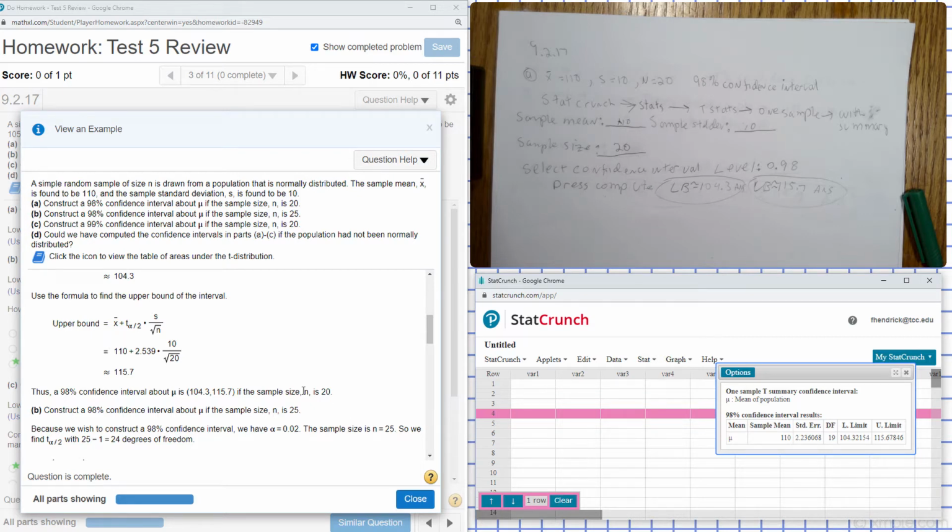And for part B, they want us to do another interval if the number of observations is 25.